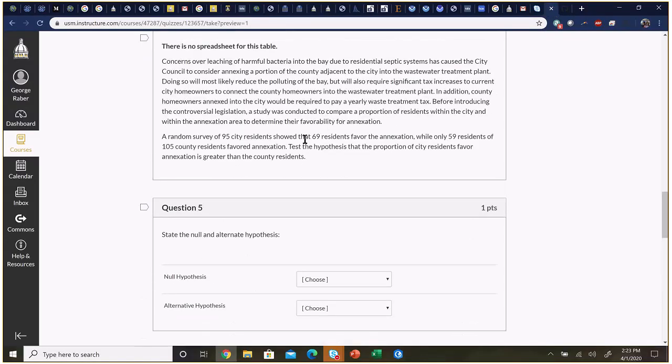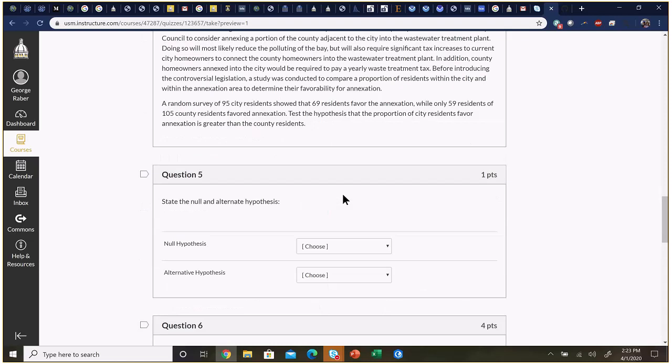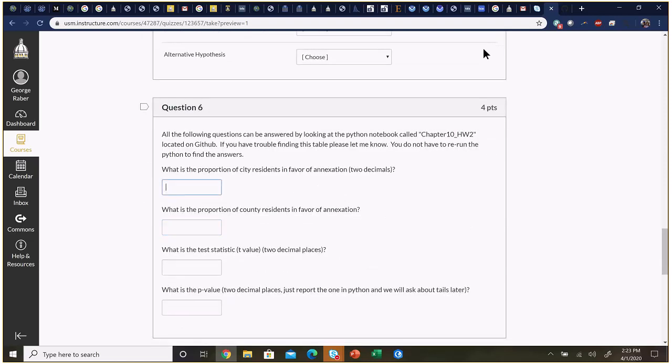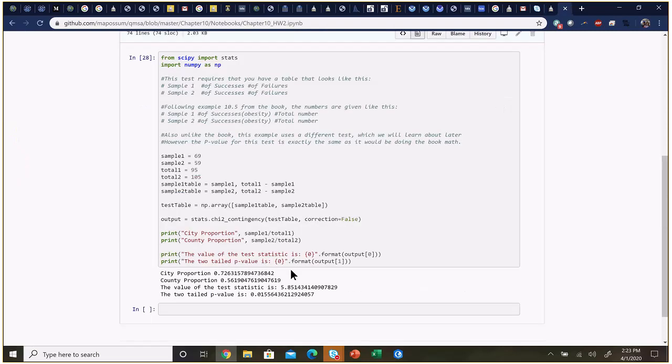Did I do that right? Yeah, 69 out of 95. So you don't even need Python to calculate these values, but I did put the code there to do that.